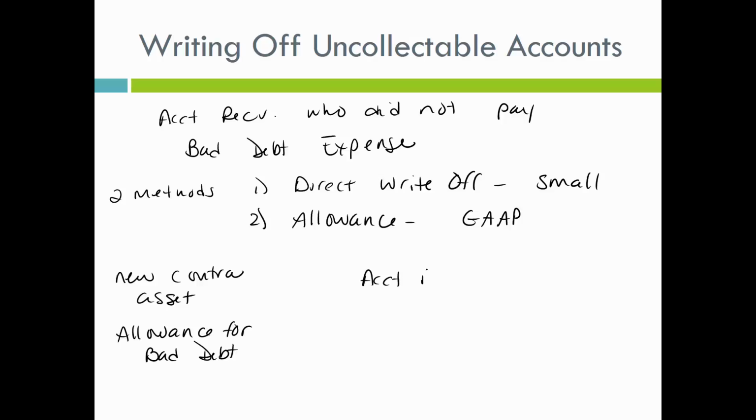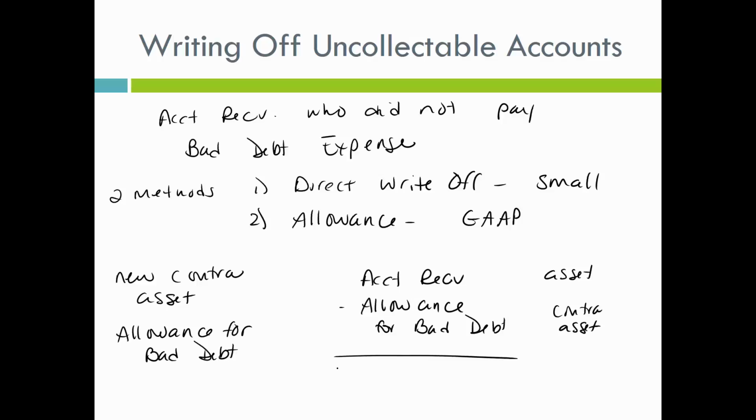We'll have accounts receivable, which is the asset, minus the allowance for bad debt, which is the contra asset, gives us what we call the net realizable value of the accounts receivable. So accounts receivable shows me what people owe me.